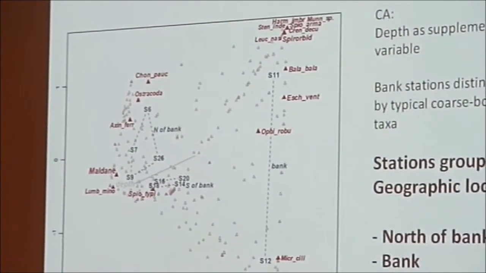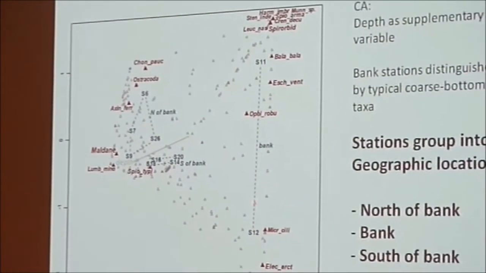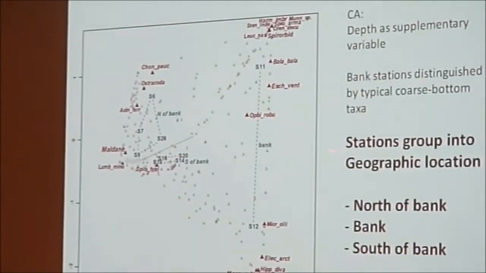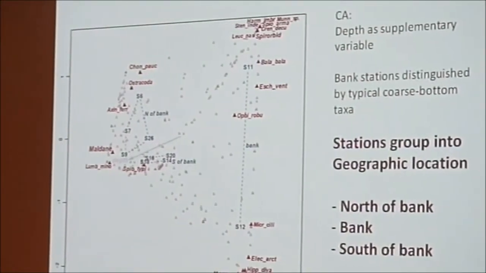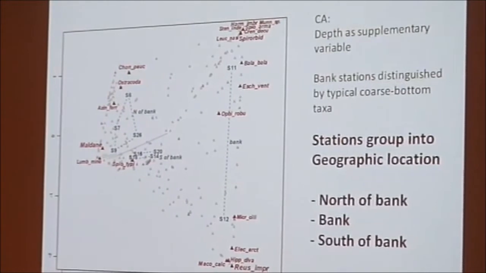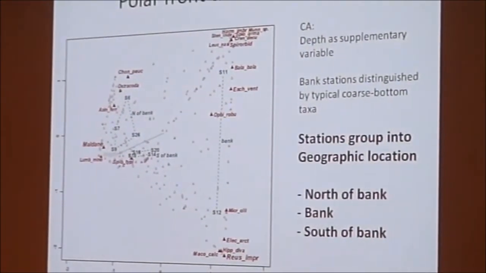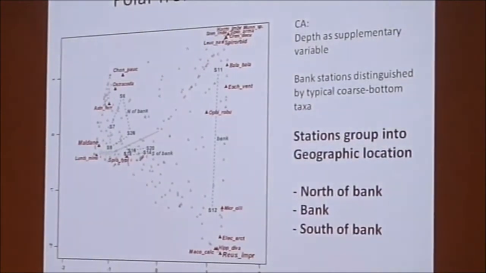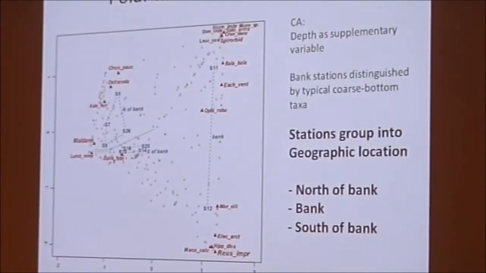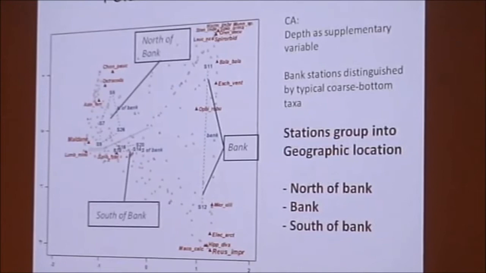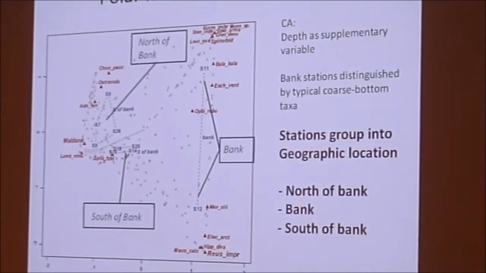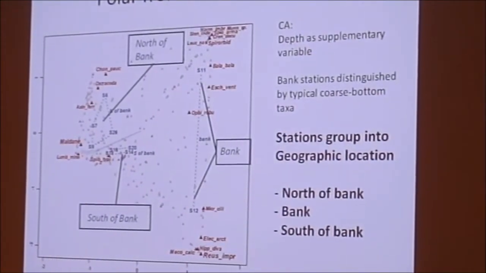So quite simply here, these are the bank stations, these probably west-southwest of this figure are the deeper stations, and we've got some taxa here characteristic of rocky, stony, gravelly areas. Quite logical. What's interesting though is that these are dividing into geographic areas. We've got the bank, north of the bank, and south of the bank.